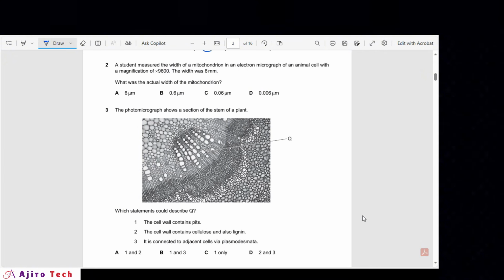A student measured the width of a mitochondrion in an electron micrograph of an animal cell with a magnification of times 9,600 and the width was 6 millimeter.